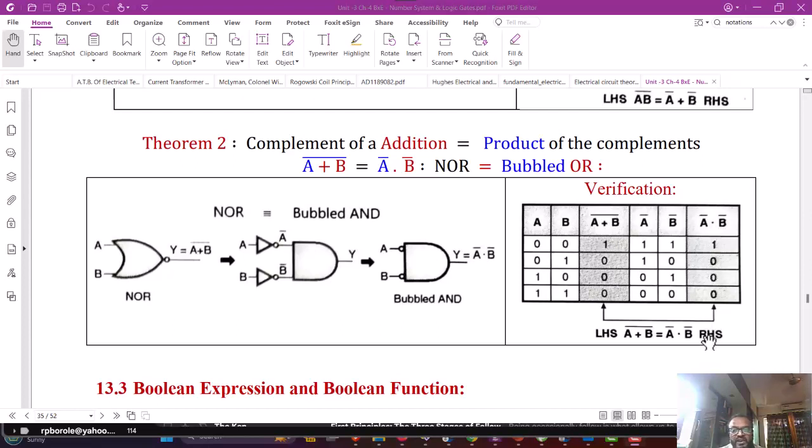So therefore we can say that as per De Morgan's second theorem, the complement of OR operation is equal to the AND operation of the complements.